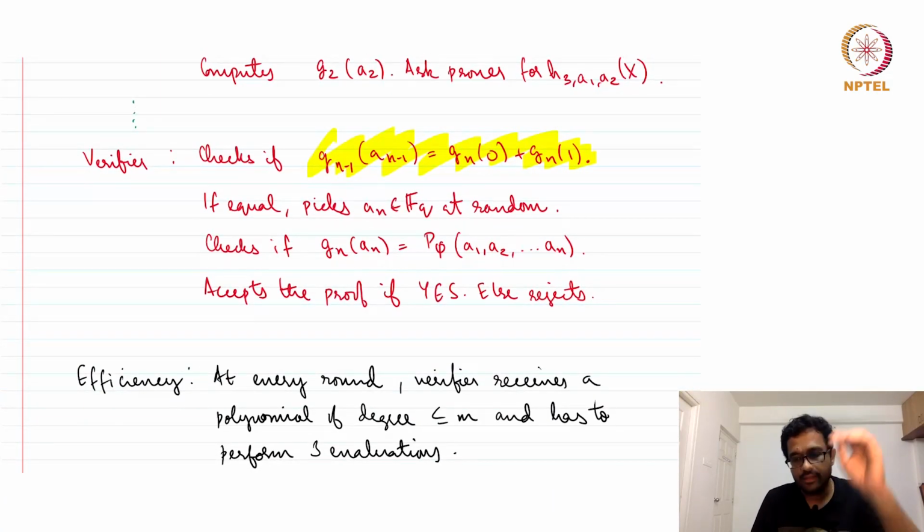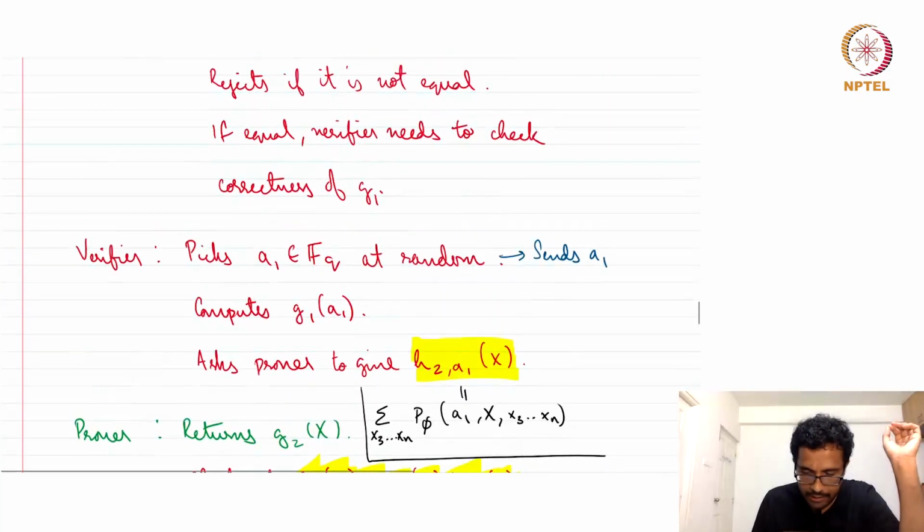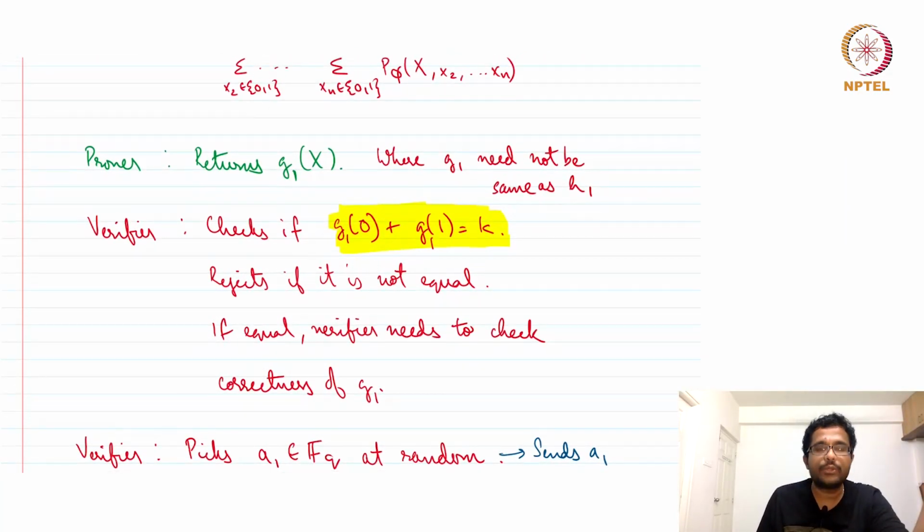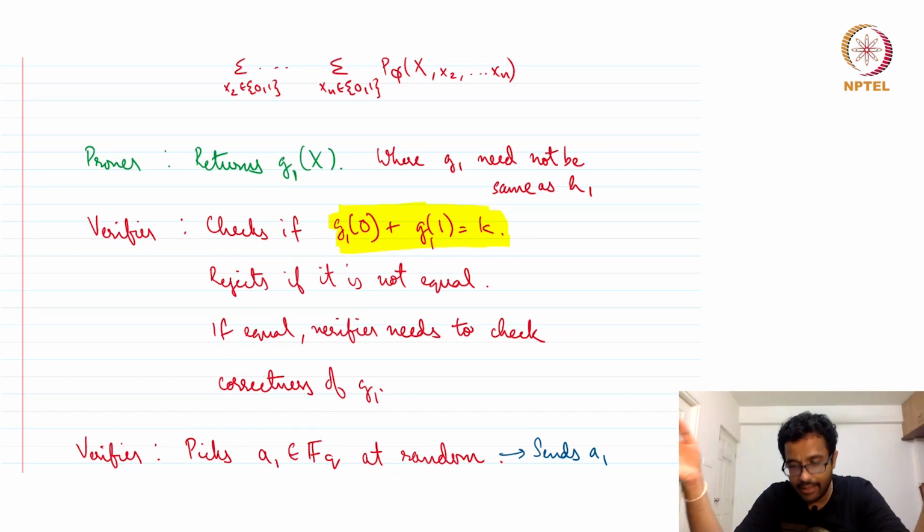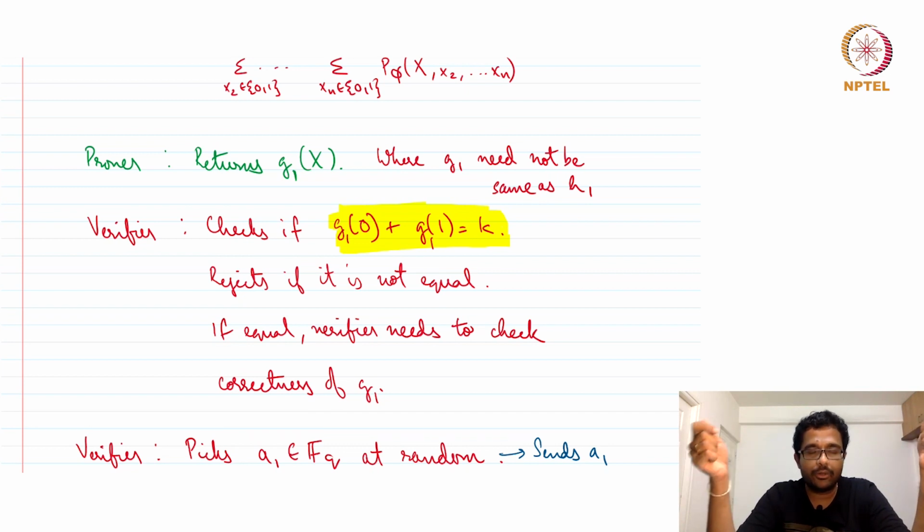So the main idea is that instead of just asking for two values, we make the prover commit to a polynomial itself, which has degree d or m. Now he may engineer the polynomial in such a way that it works out correctly at 0 and 1, but he cannot do that for all the values, nor can he give the correct polynomial, because then he will be caught right at the beginning, since at 0 and 1 itself it will not give the correct values.